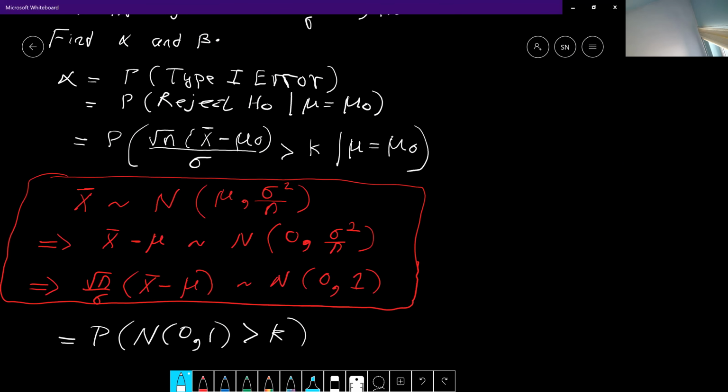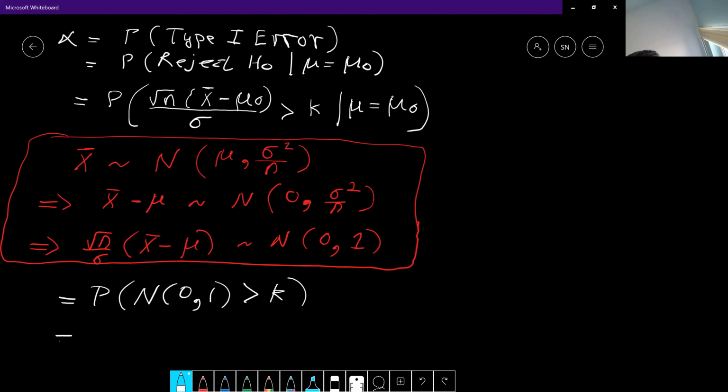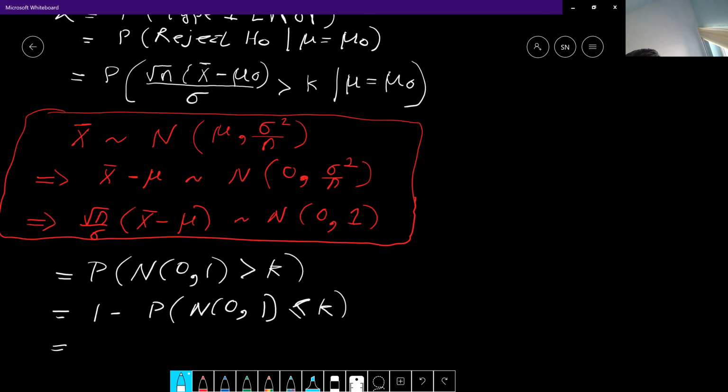Do you follow what I'm saying? We are conditioning on the fact that the population mean is equal to mu0, right? And this you can write as 1 minus the probability that the standard normal is less than or equal to k, and this you can write as phi.